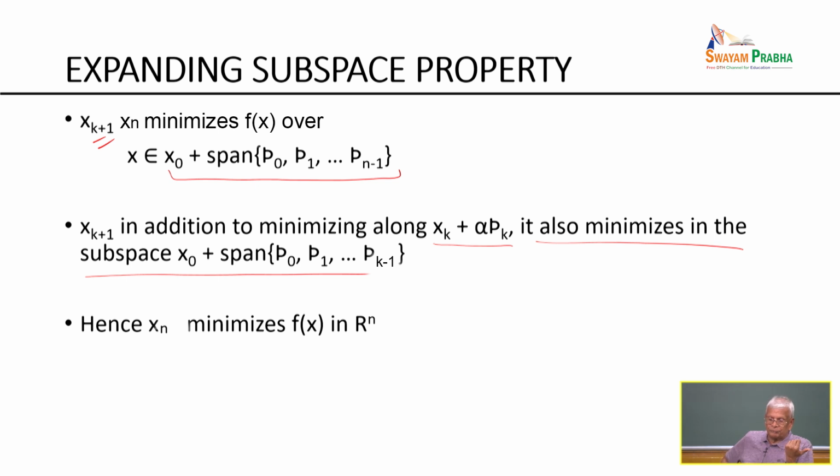That is the idea. This must be k, sorry. So, if I apply this to all, x n minimizes f of x.